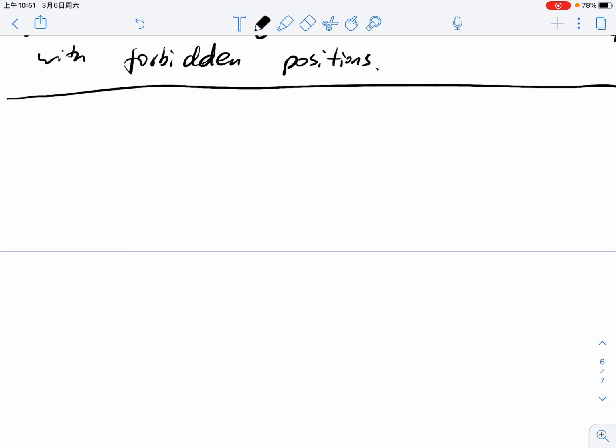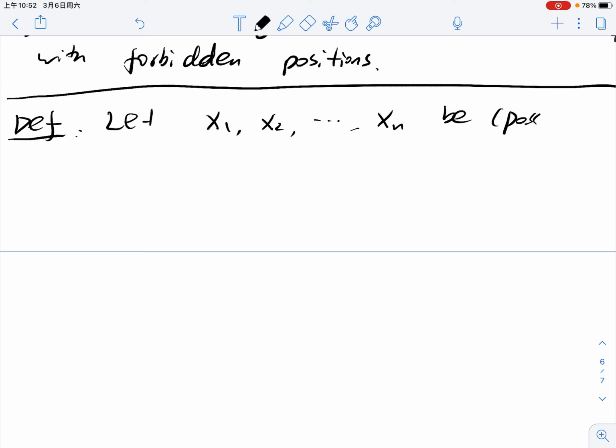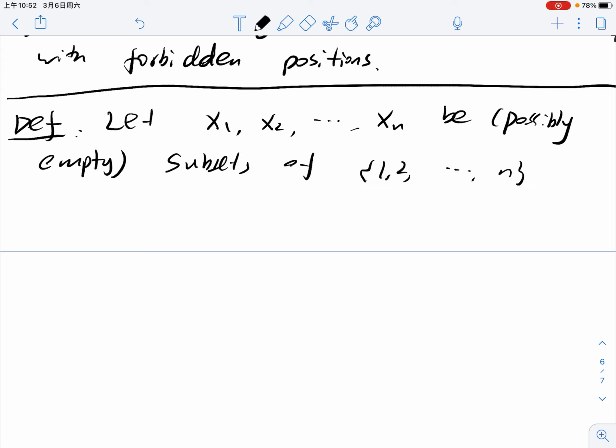So that's an example. And next we can rigorously give a formulation. Let x1, x2, ..., xn be possibly empty subsets of 1 to n.